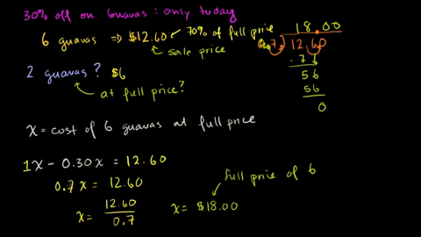And that's equivalent to saying 70% of the full price is $12.60. We solved this algebraically, dividing both sides by 0.7. And then we got x, the full price of 6 guavas, is $18, or $3 per guava, or $6 for 2. Anyway, hopefully you found that helpful.